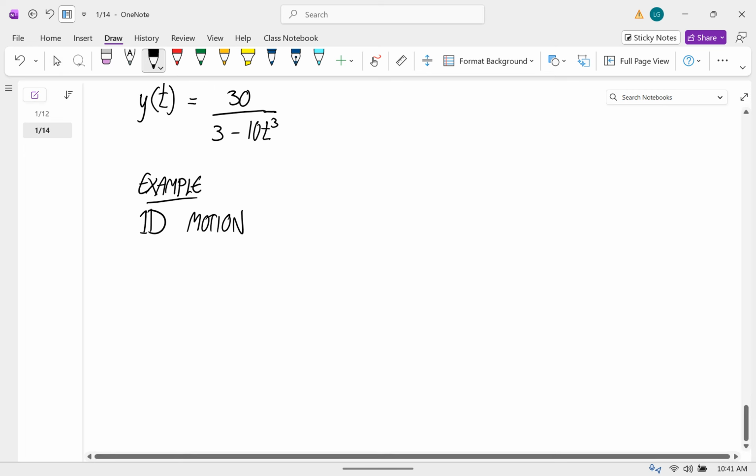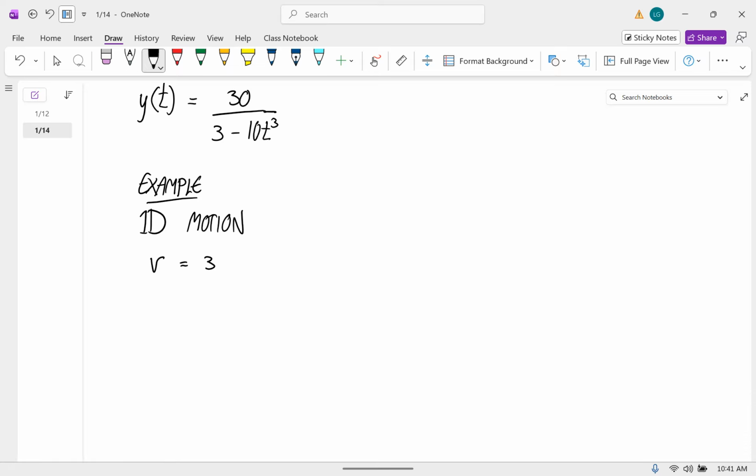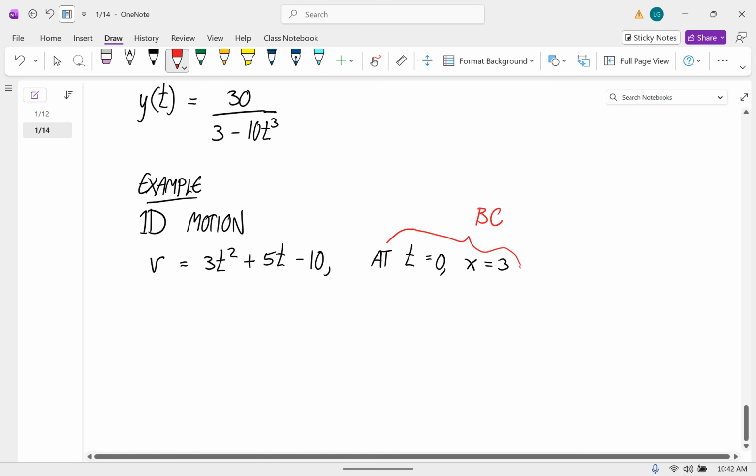And let's say that the velocity is equal to 3t squared plus 5t minus 10. And at time equals 0, x is equal to 3. So this is our boundary condition. We're going to use that to find the constant of integration.